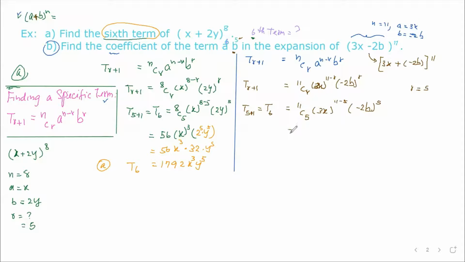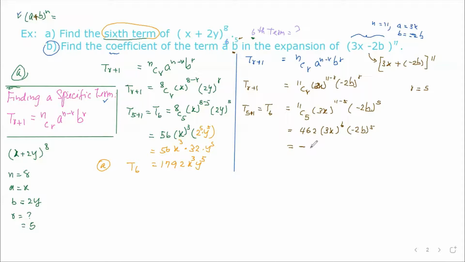Then use a calculator: 11C5 equals 462, and times 3x power 6, the whole thing power 6, don't forget. And this one becomes negative 2b power 5. That means an odd index, odd number, so the sign should be minus. We write the minus sign first.